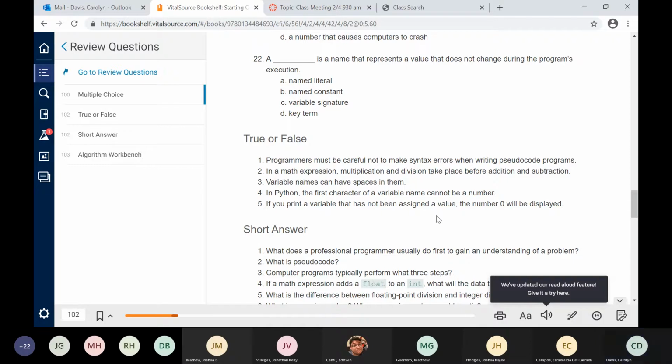True. Number 5, if you print a variable that has not been assigned a value, the number 0 will be displayed. That is false. We've done that a couple of times in our samples. If the variable doesn't have a value, you get a large group of red statements saying that that name does not have a value.